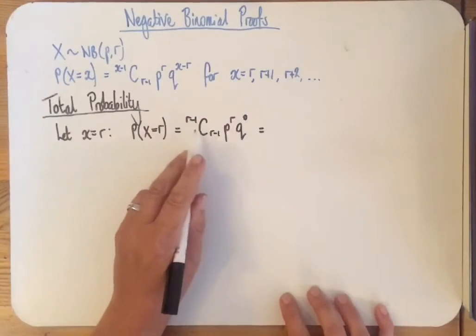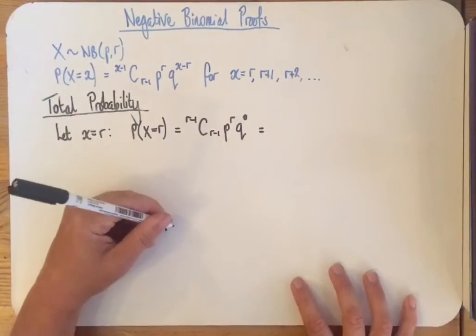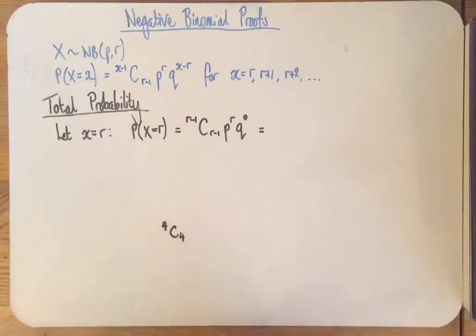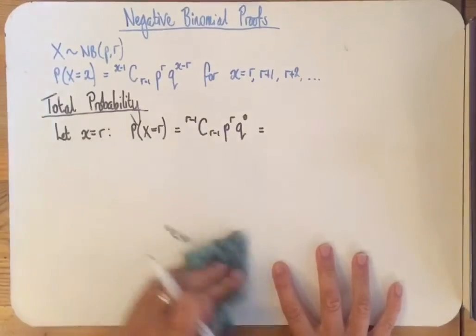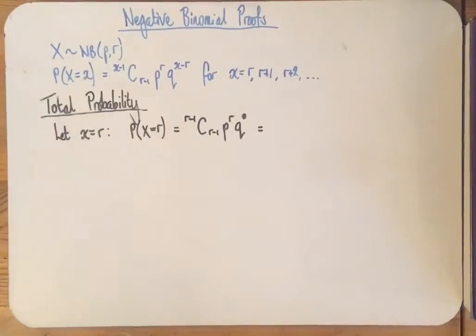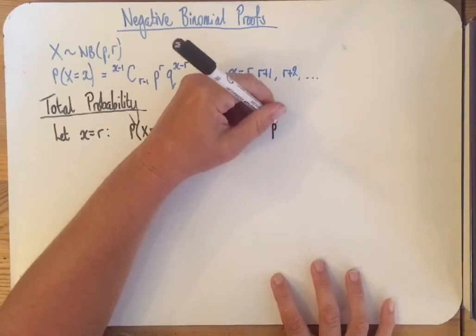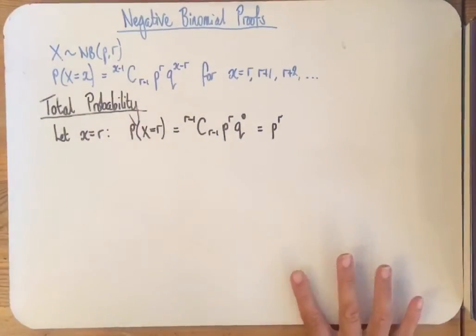This here is going to give you 1. So for instance, if r is 5, you would have 4 choose 4. There's only one way of choosing 4 from 4, and that's to pick all 4. And so that's always going to be 1, because you've got the same top and bottom here. And q to the 0 is 1, and so this is equal to p to the power r.